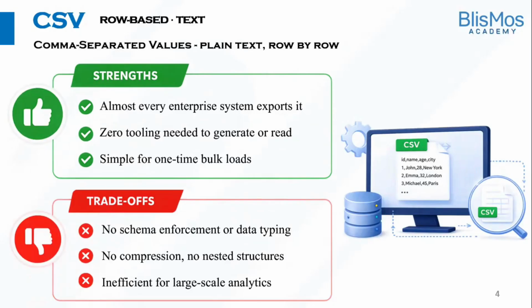But there are some limitations also. CSV doesn't enforce schema or data types. It also does not naturally support nested structures, and large CSV files are generally inefficient for analytical workloads. So, CSV is widely supported, but it is not usually the best choice for large scale analytics.